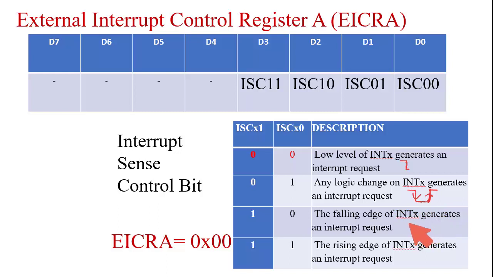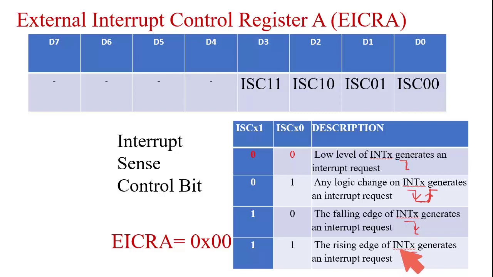Next, single edge means if the signal has changed from high to low, then this might be considered as interrupt, and this is called falling edge. And the opposite might happen, when there is a change of signal from low to high, this might act as an interrupt, and this is called rising edge.